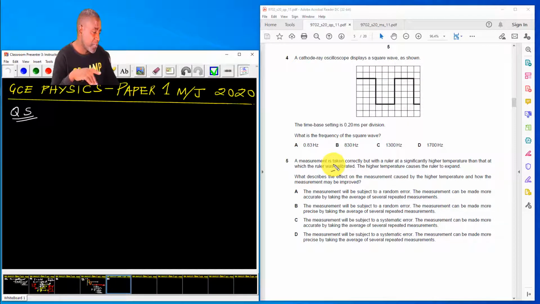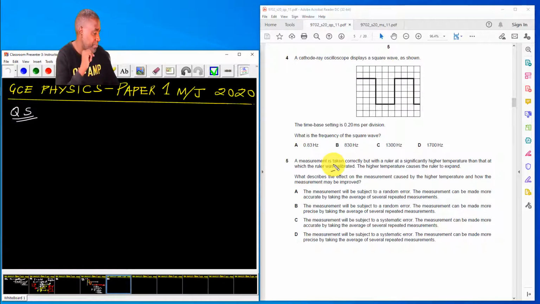That method of taking repeat measurements and finding the average usually works for random errors, because sometimes a measurement will be greater than the actual value, sometimes it's smaller than the actual value, and when you do repeat measurements, some of your measurements will be bigger than the actual value, while others are smaller, and when you find the average, it brings you closer to the actual value. That is how you would reduce a random error.